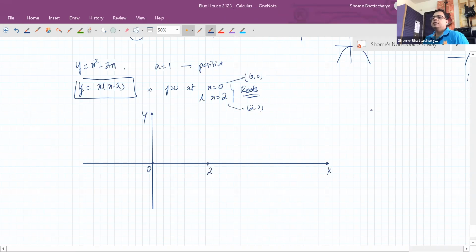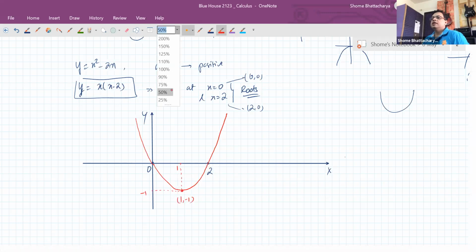A parabola pointing upwards, going through these 2 points, will have a shape that looks something like this. And this point in between will be x equal to 1, where the value of the function, as we had seen, was -1. So this point was (1, -1).